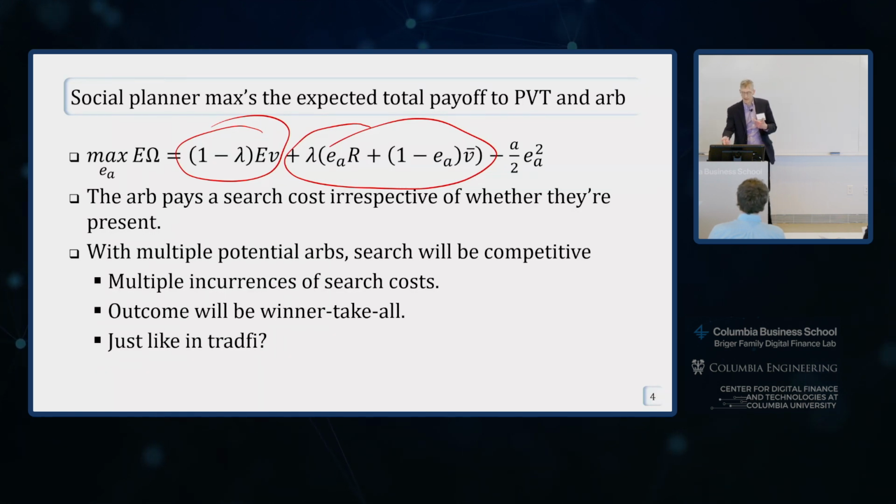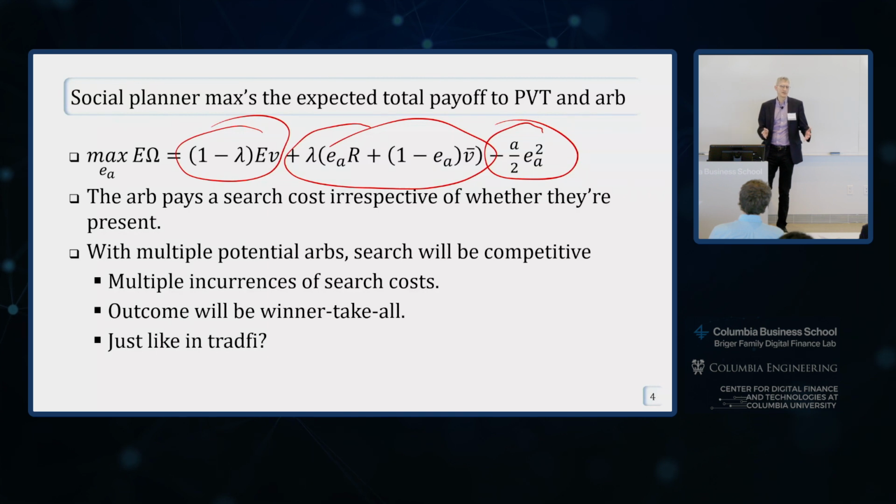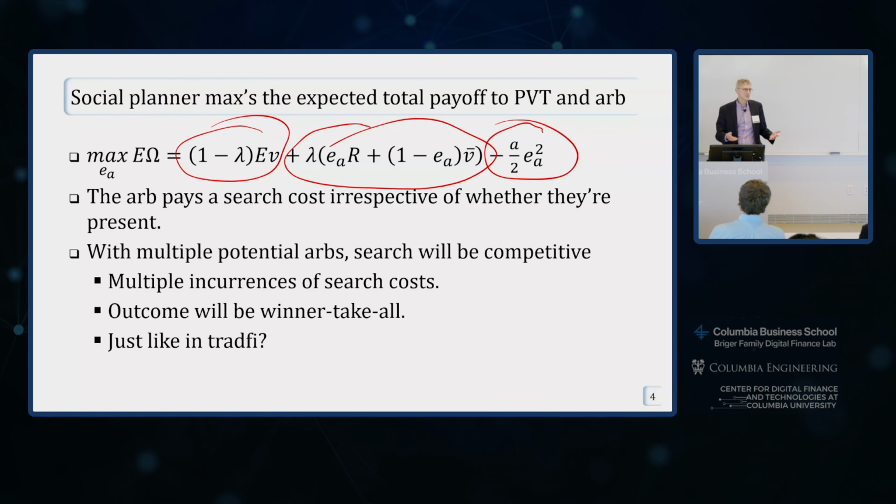There are lambdas there, there's EA, the probability of an arbitrage. But the cost of doing that effort, that search, doesn't have any probabilities in front of it. It is unconditional, which means potential arbitrageurs have to commit to search at the beginning of the day. And in this model, there's only one potential arbitrageur.